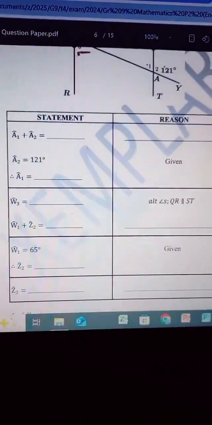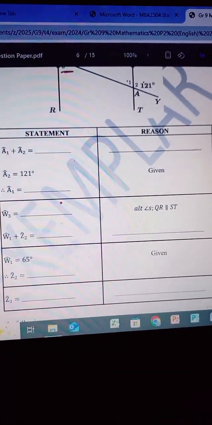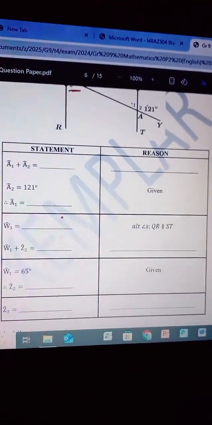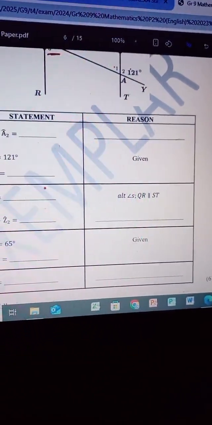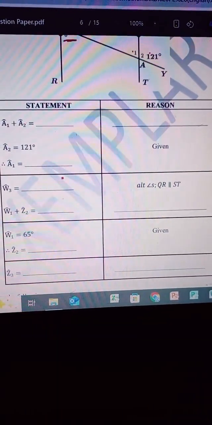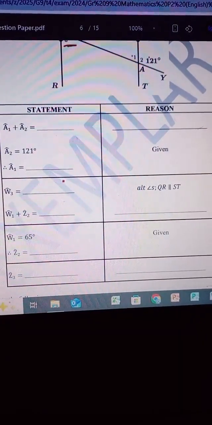From there, fill up the table after you have sorted out that diagram. That's thing number one.